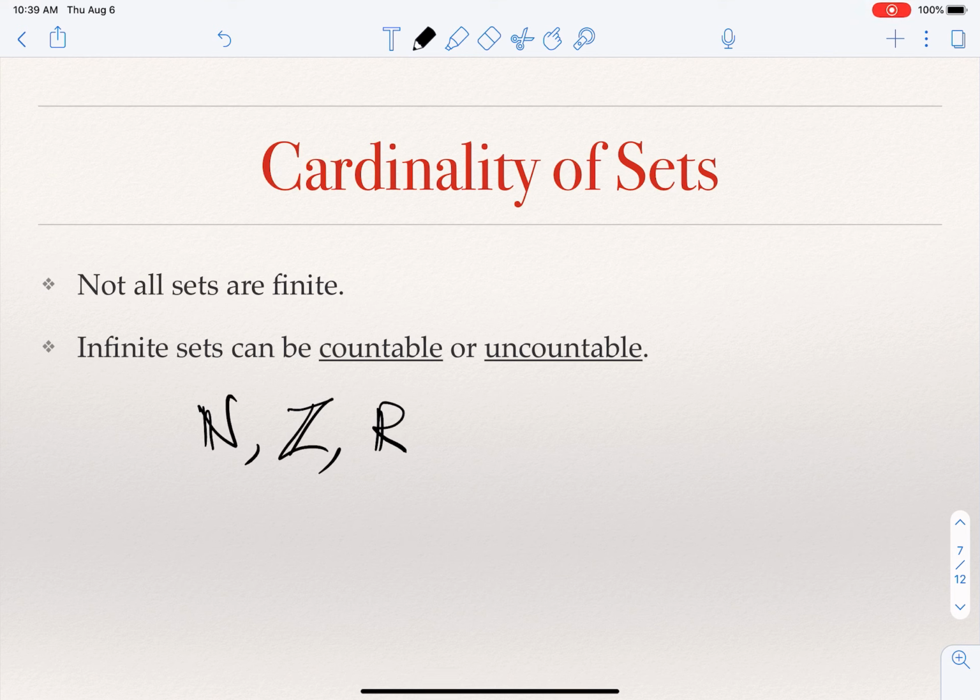But if someone asks you to enumerate the elements of R, the real numbers, and suppose you start with 0, what is the next number after 0, right? I mean, we don't know. There's no such thing as the next number after 0 in the real numbers. So this is uncountable. Again, this is not the subject of this lecture, but it's very important to keep in mind: not all sets are finite, and infinite sets come in two flavors.